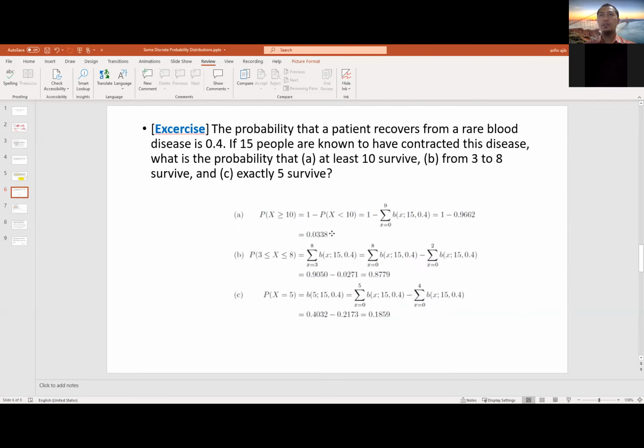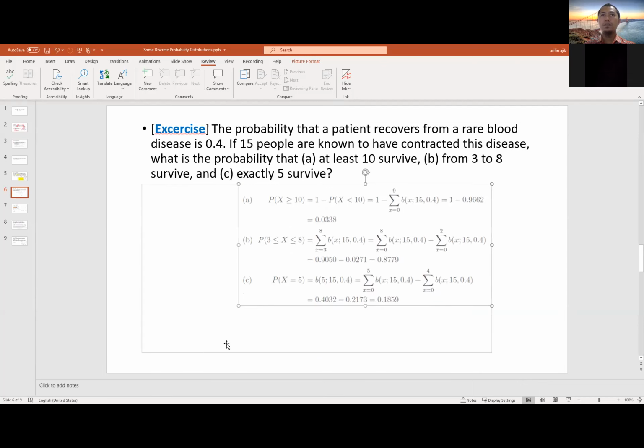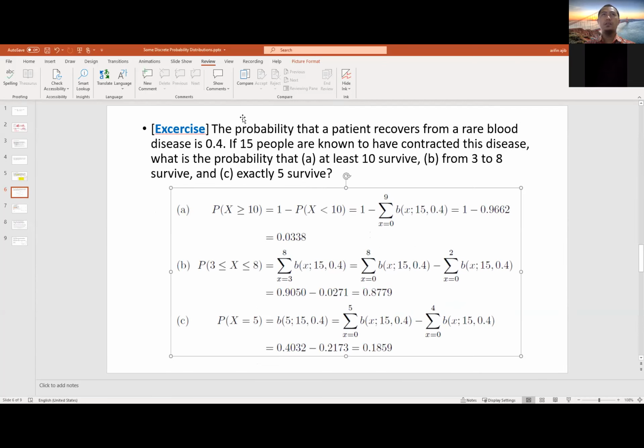You can see here from the answer, the probability that a patient recovers from a rare blood disease is 0.4.